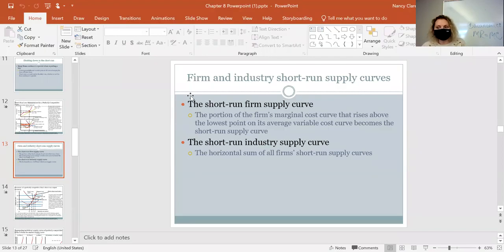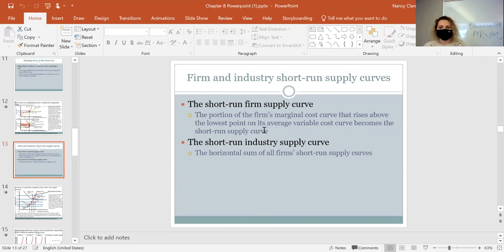The short run firm supply curve, so we're talking about the individual company, to go along with that firm demand curve, which is that perfectly horizontal line in a perfectly competitive market structure. The portion of the firm's marginal cost curve, that's your check mark, that rises above the lowest point on the AVC, that's also the point of intersection, remember, where your MC crosses your AVC, becomes your short run supply curve.